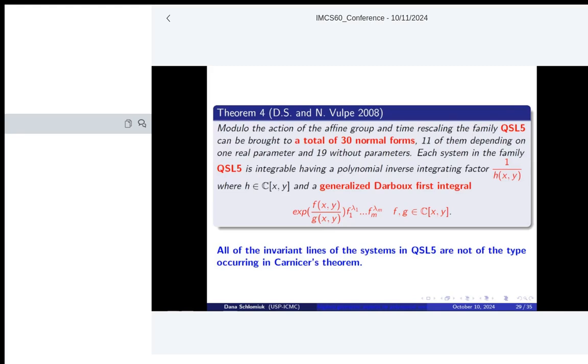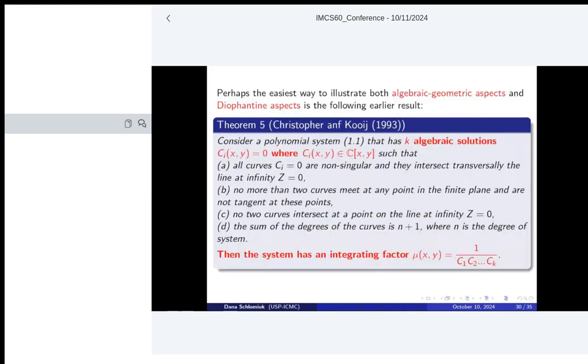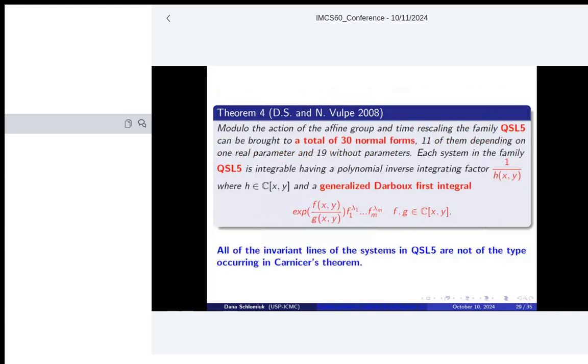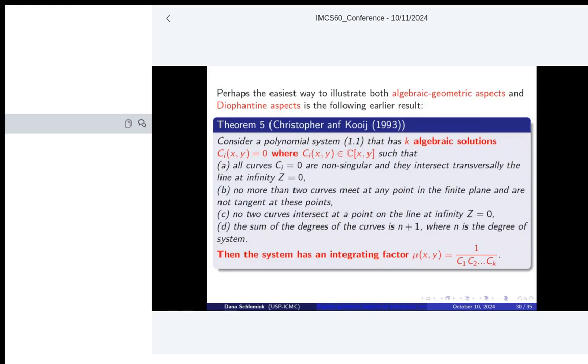Each system has a very special integrating factor, namely a polynomial inverse integrating factor, and a generalized Darboux first integral of this form. Now, not all the invariant lines of the systems QSL5 are of the Darboux type in Carnicer's theorem. So we have rather a large quantity of systems to which we cannot apply Carnicer's theorem.